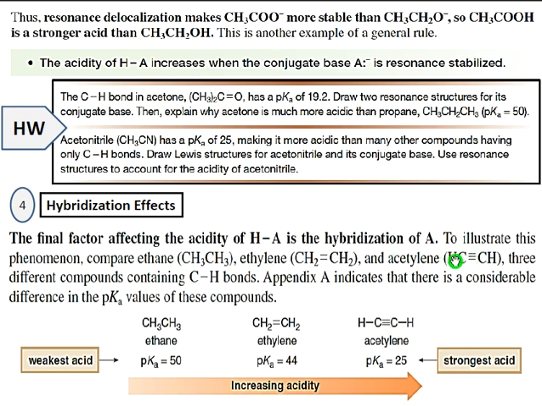For these three compounds, all of them contain C-H bonds, that means all of them have a hydrogen atom. If you look at the pKa, this has a low pKa and this has a big pKa. Low pKa means it is a stronger acid. Why is this a stronger acid than this?